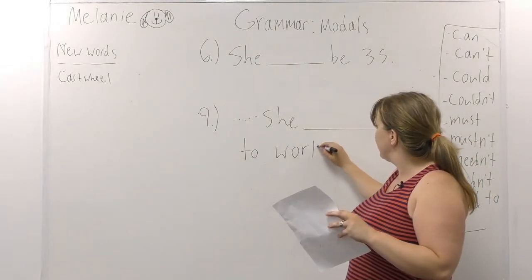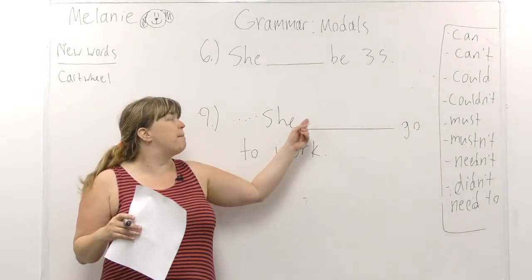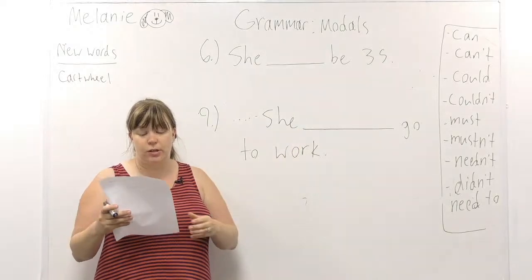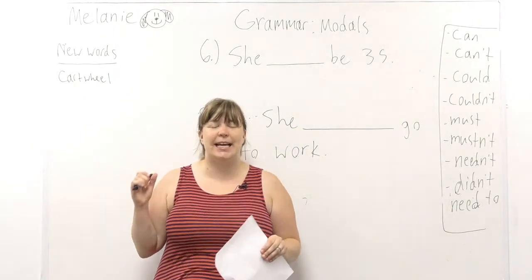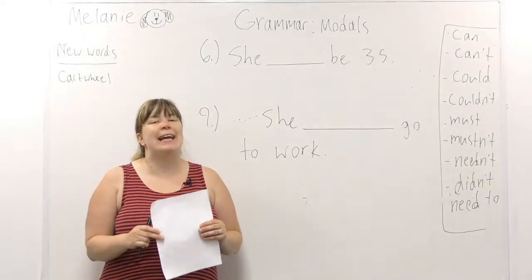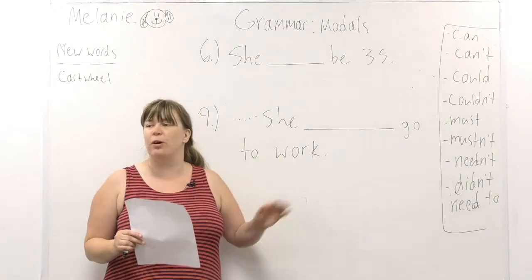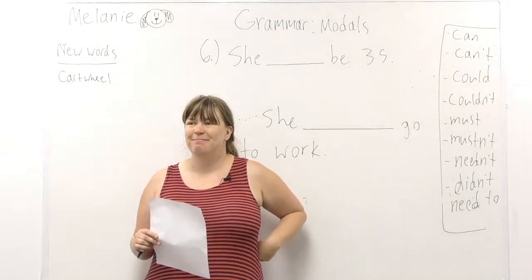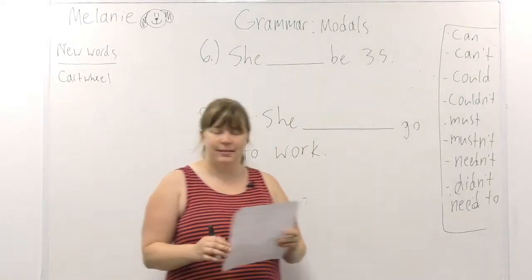Okay, so remember, this is past tense. So Anne stayed, past tense. Anne stayed in bed because she blank go to work. So what do you think the answer could be for here?